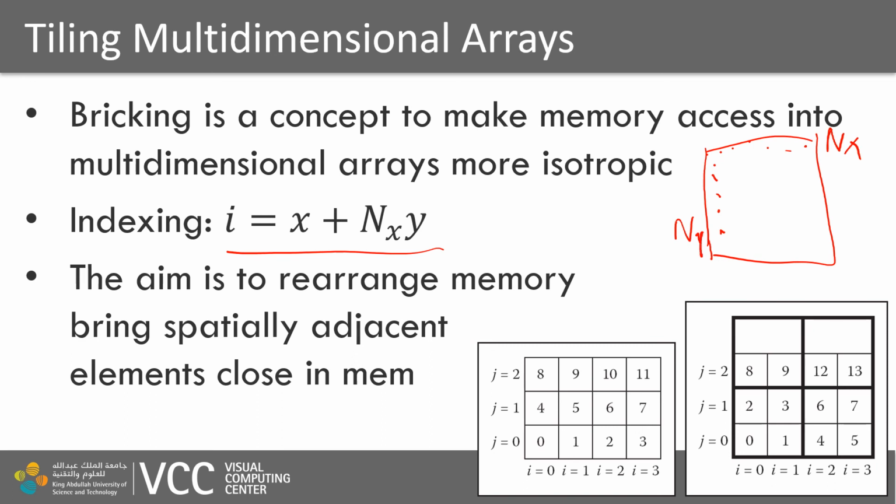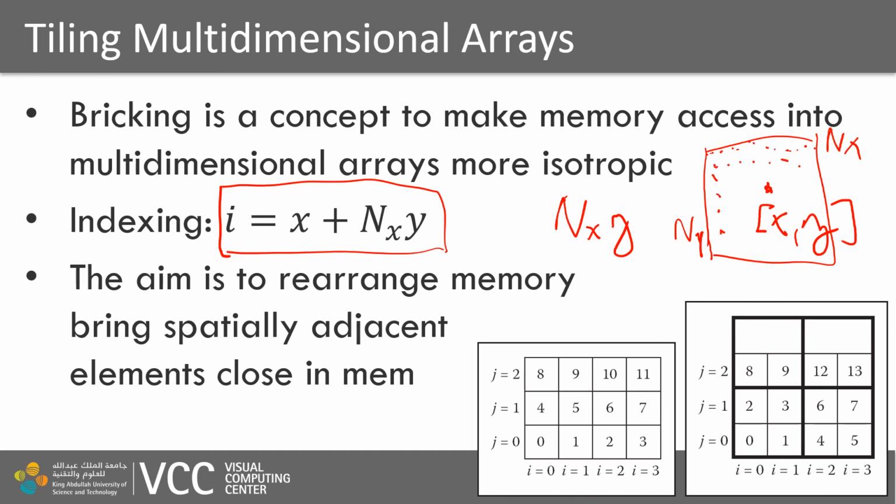Then if we want to fetch a particular value X, Y, then in the 2-dimensional array, if we have all this information stored in the 1-dimensional array, we can simply convert it in this formulation. So we are multiplying Y with the length of a row and adding X, the number of rows which we fully need to pass through, because the storage is linear, one row after another.